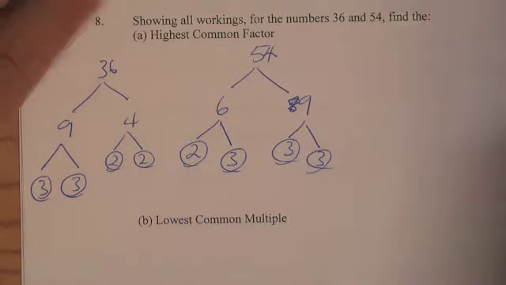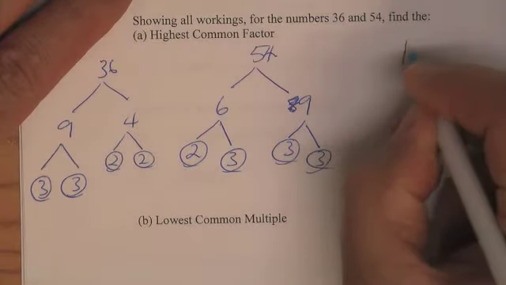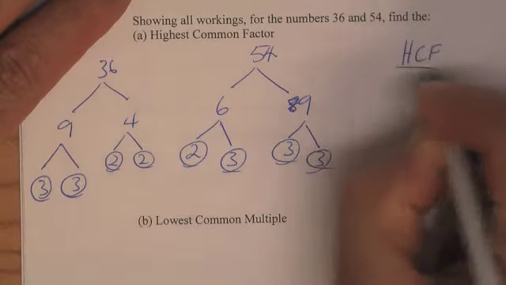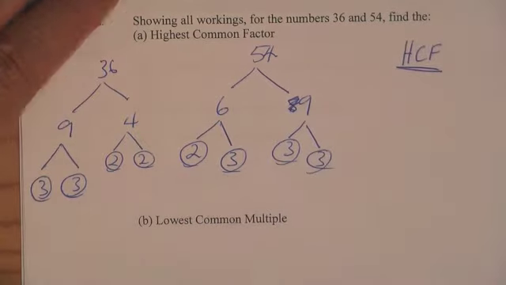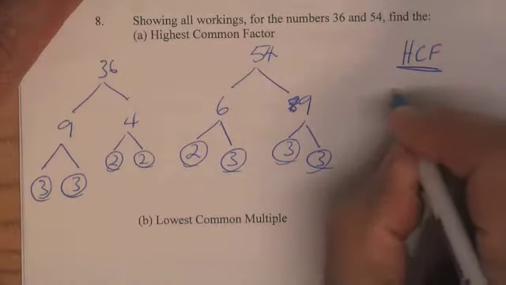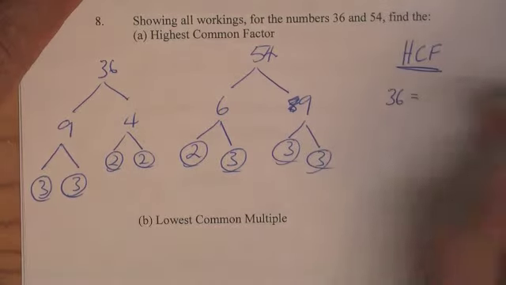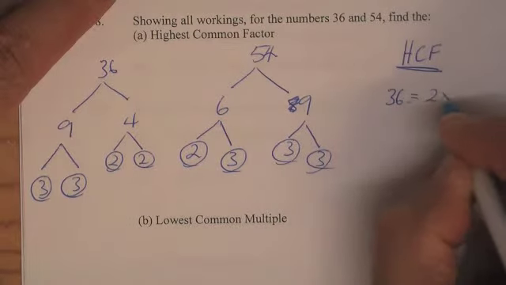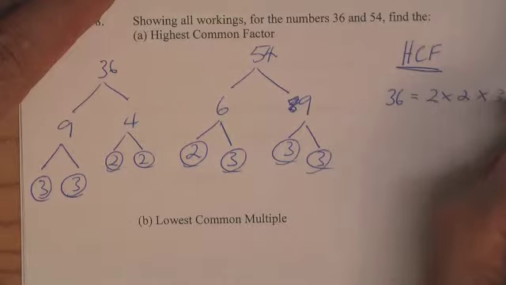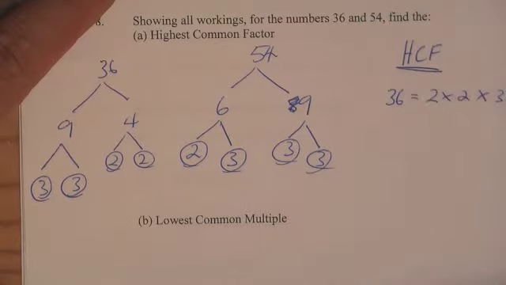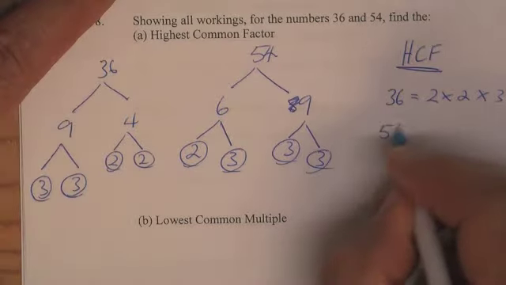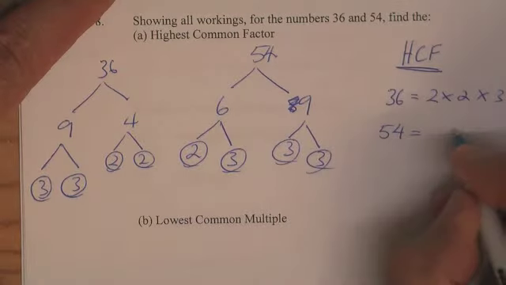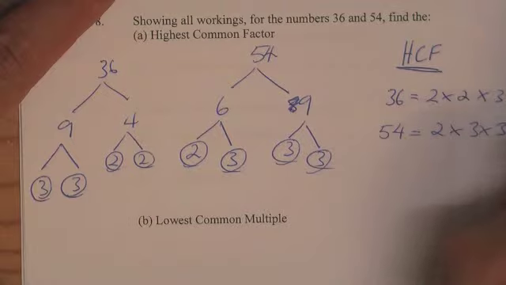Now I've got everything I need here for my highest common factor. So 36 is equal to 2 times 2 times 3 times 3, and 54 is equal to 2 times 3 times 3 times 3.